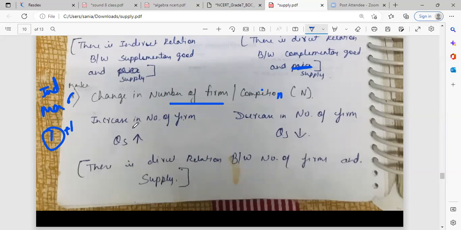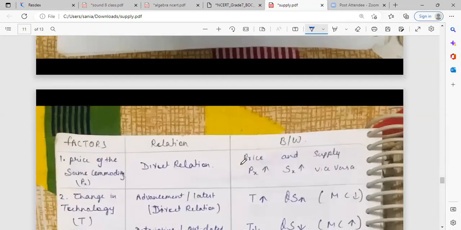So if there are more number of firms, increase in number of firms, so quantity supply will increase. If there is decrease in number of firms, quantity supply will fall. So there is a direct relationship between number of firms and supply. Clear? Got the point? Yes, ma'am. Understood.